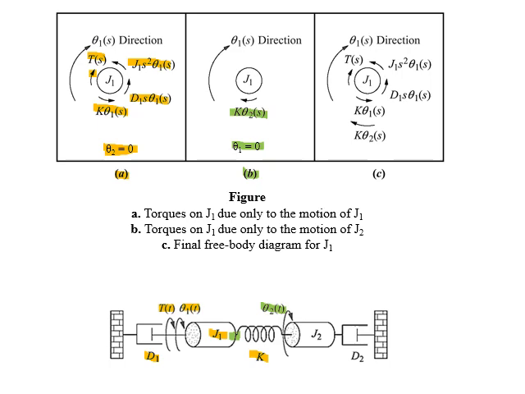As both directions of θ1 and θ2 are the same, J1 will experience a torque in the direction of θ1. Figure C is the final diagram in which all the torques acting on J1 are represented, either in the direction of rotation or opposite to the direction of rotation, which is θ1.